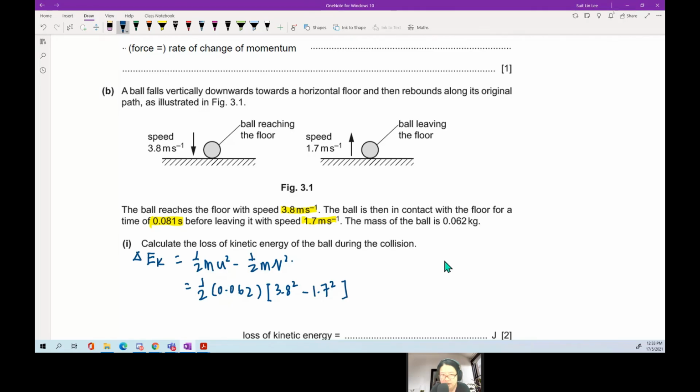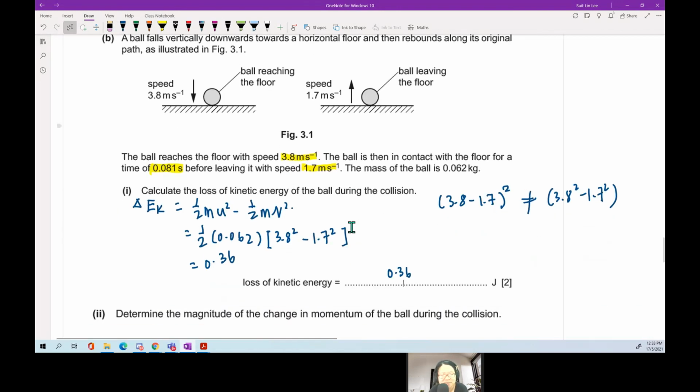For the nth time, and I will say this for the people who need to hear this, so bear with me, this is not the same as this. I hope you don't need me to explain why. All right, so this one will be 0.36. Just press your calculator, they're not the same.